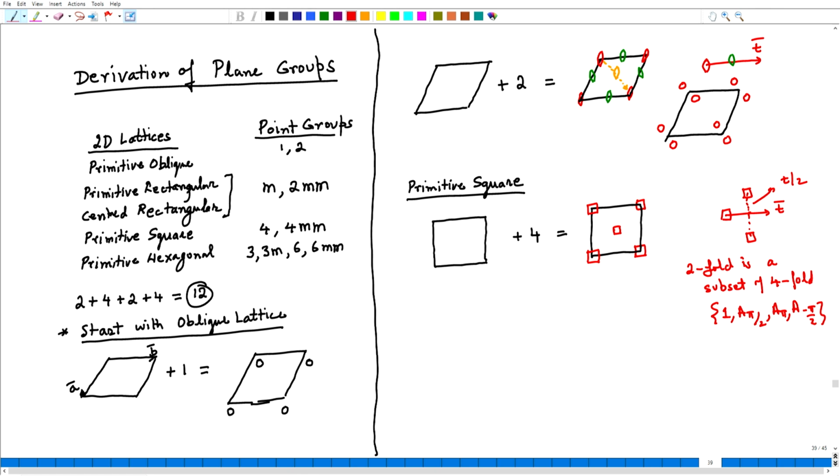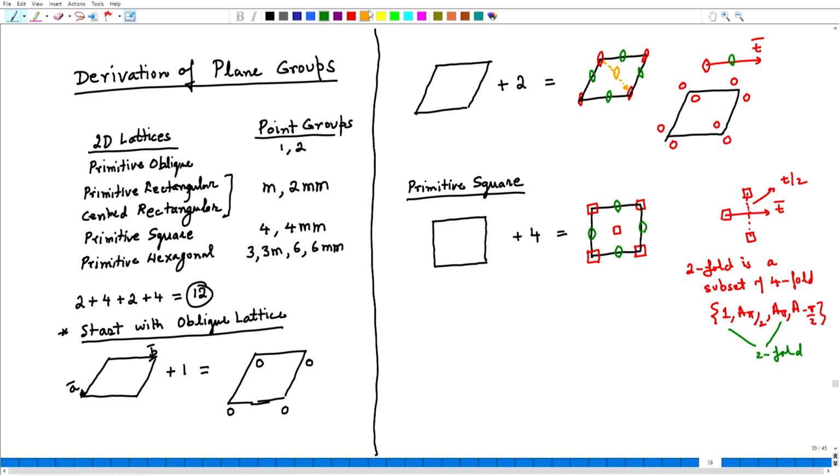If I pick up these two elements, 1 and a pi, they form a 2-fold, the group 2-fold. So, therefore, there is a 2-fold also operating, a 180-degree rotation, which basically means that I am going to get 2-folds in this case also on the center of the edges of the cell.